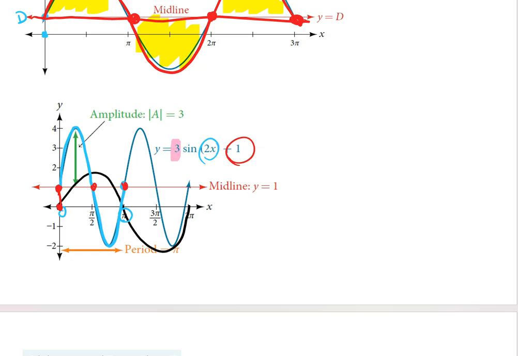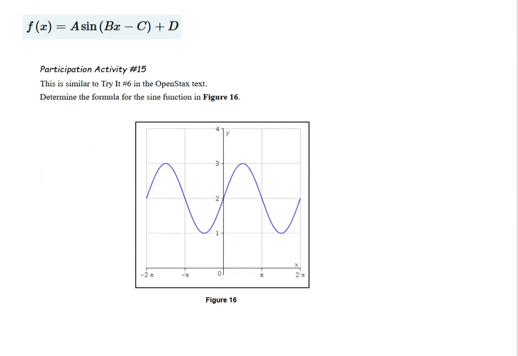So when you come down to number 15 and you're looking at it, your answer is supposed to be in the a times sine parentheses bx minus c plus d form. And when I look at this, it is starting at 0 on the x-axis, but it's at 2 on the y.